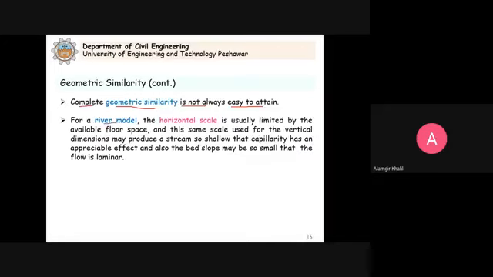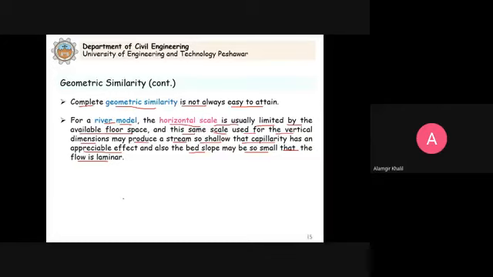For example, for a river model, the horizontal scale is usually limited by the available floor space, and this same scale used for the vertical dimensions may produce a stream so shallow that capillarity has appreciable effect, and also the bed slope may be so small that the flow is laminar.